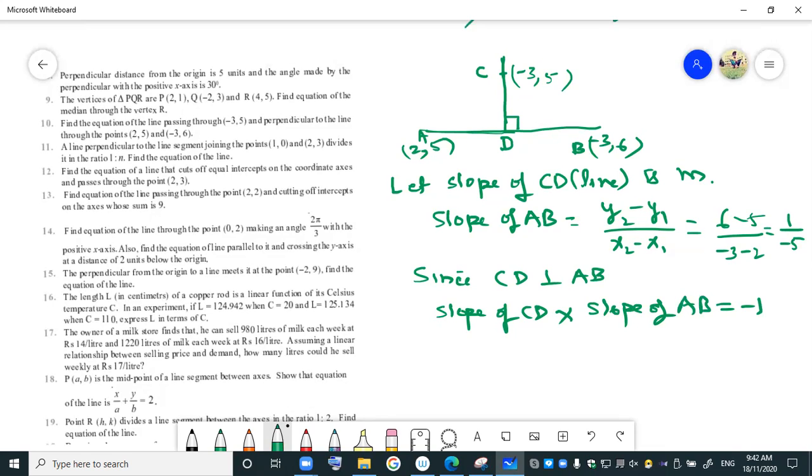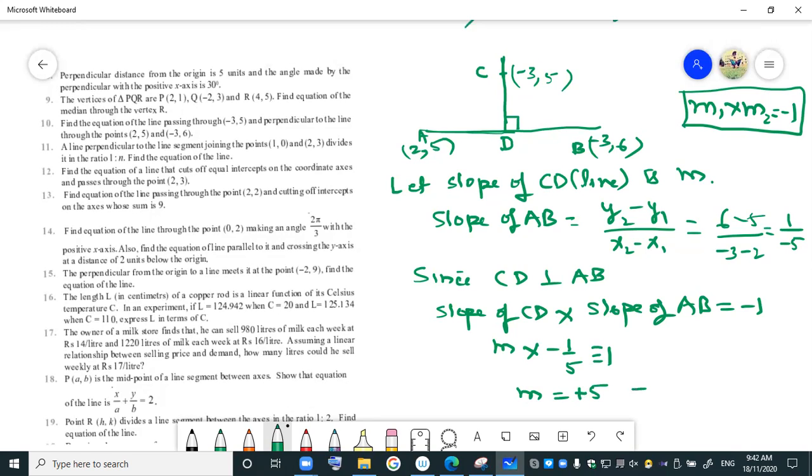Because if two lines are perpendicular, the formula is m1 into m2 equals minus 1, and for parallel lines m1 is equal to m2. So the slope of CD is m, and m into minus 1 by 5 is equal to minus 1. So this 5 will come there, the minus signs cancel, and m will be equal to 5.